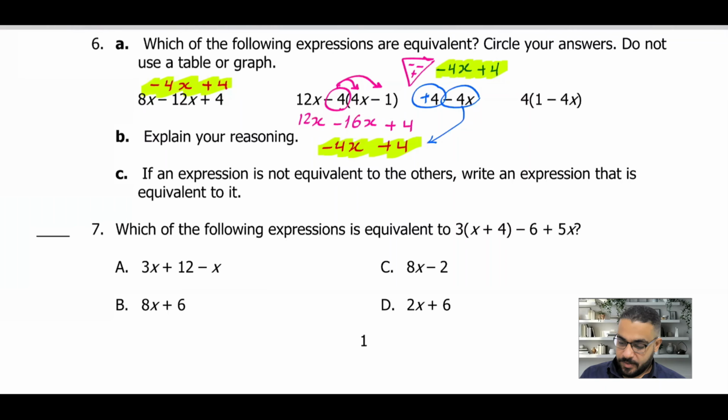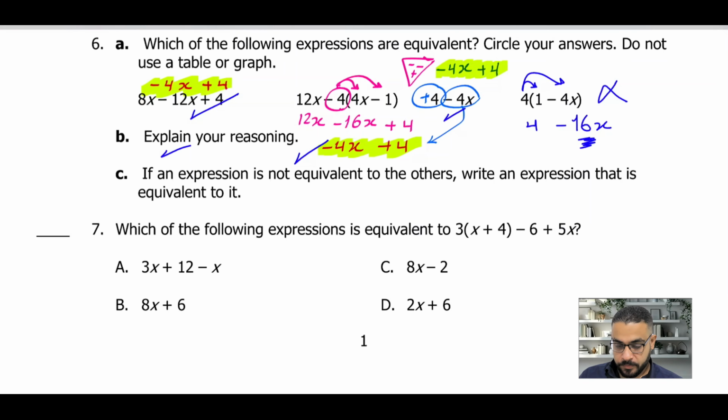What about the last one? Let's distribute, as we said before. 4 multiply 1 is 4 minus 16x. I think it's a little bit different here because we have 16 and here we have 4. So the equivalent are first one, second one, and the third one. This is the unequivalent expression.